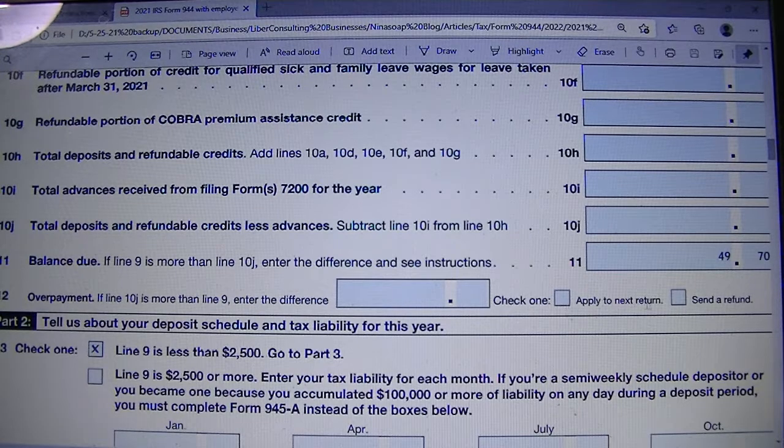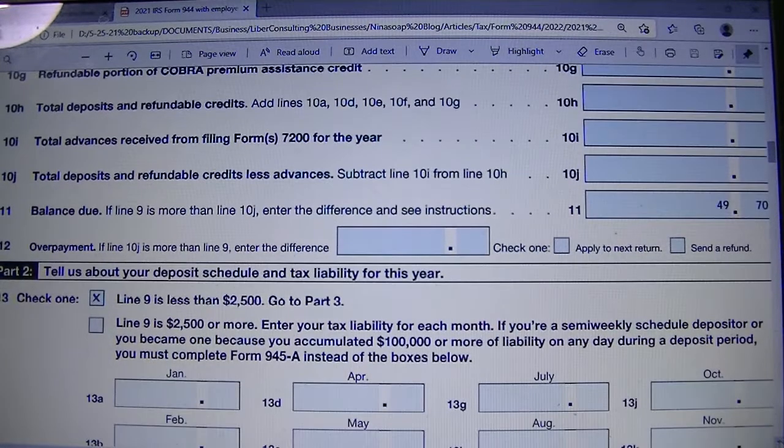You'll check one of the two, and it will be applied to the amount you put on line 12. In our case, we have a tax liability, so we have it on line 11, $49.70. So we will continue to part 2.